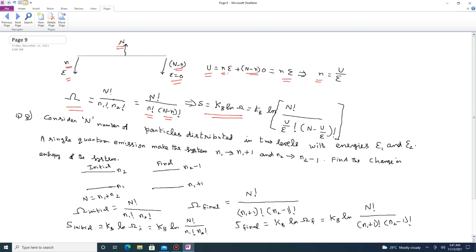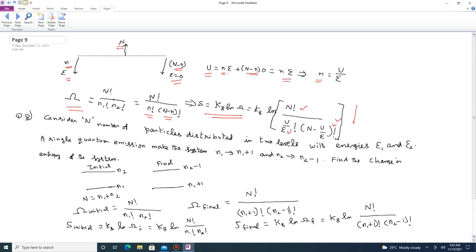Omega is equal to N factorial divided by n factorial times N minus n factorial, where n is equal to U by E. So you substitute for small n, and this is the expression for the entropy of the system.